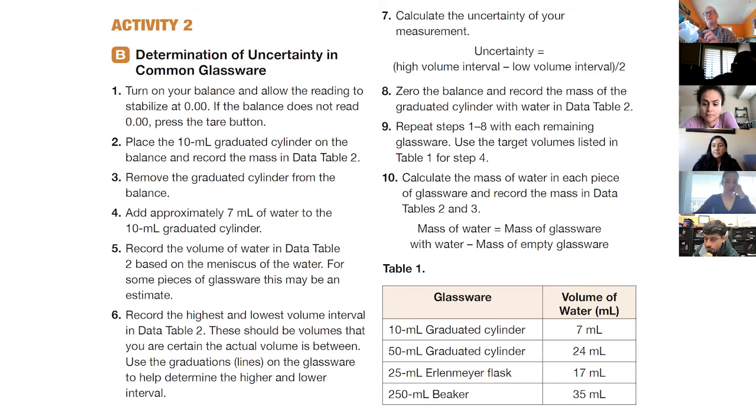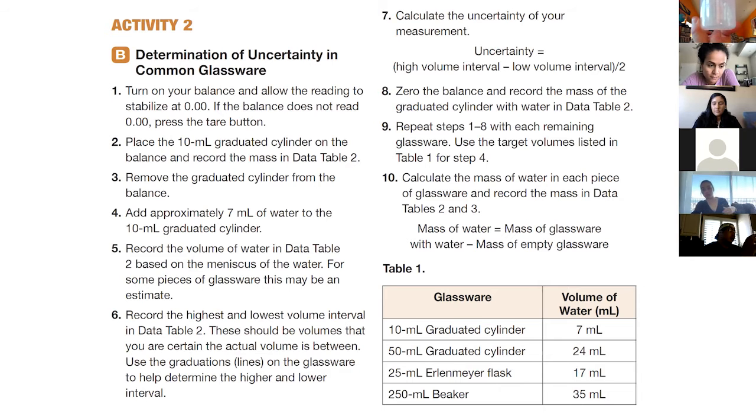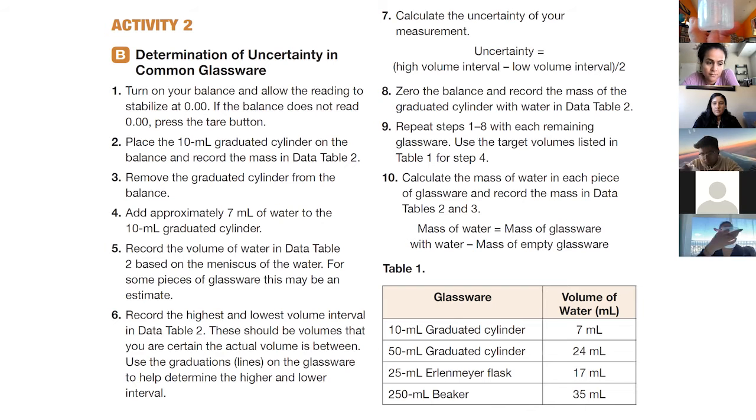So for this particular example, what is our high interval and what is our low interval? Using the measurements on our 250 mil beaker, what's the lowest measurement and what's the highest measurement around 35?